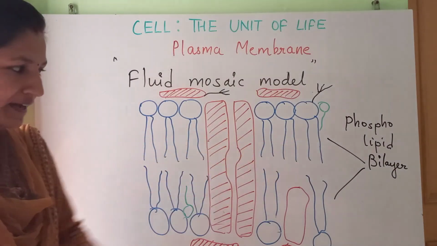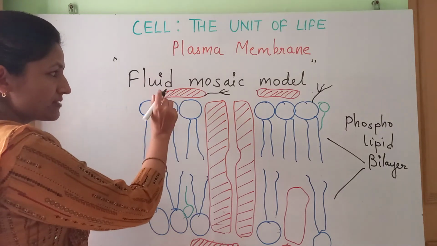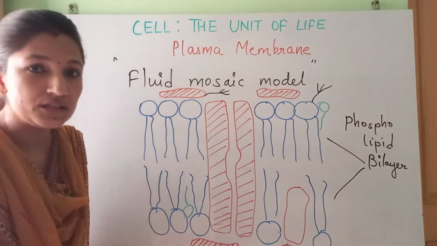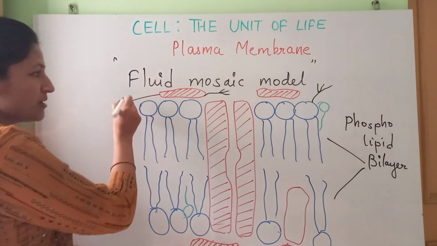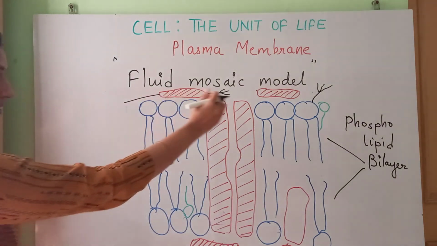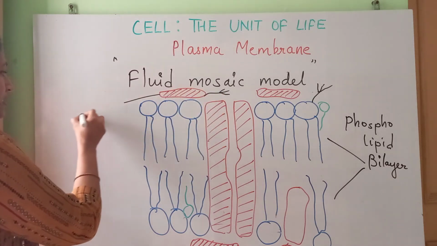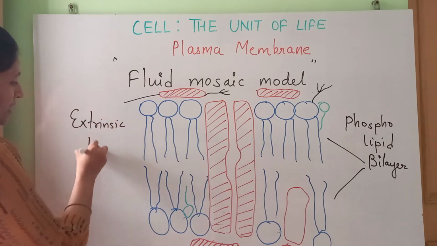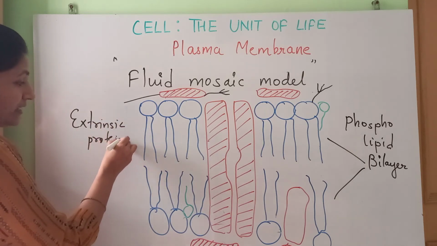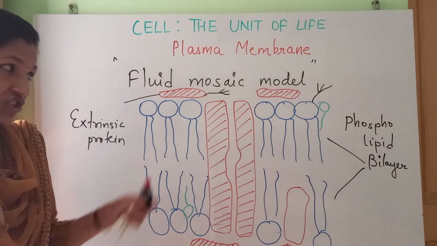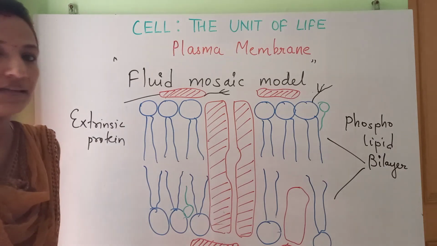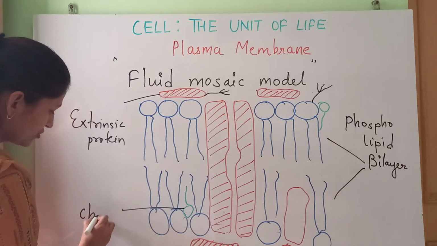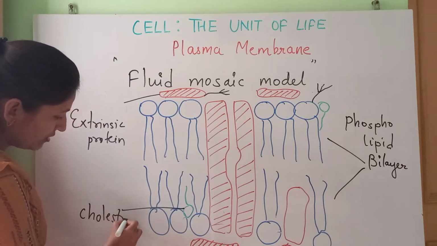So phospholipid bilayer. And these red, जितने भी यहाँ पे red color के structures बने हुए हैं, all are the proteins. So the proteins which are present on the membrane externally are extrinsic proteins. And as they are present externally, their separation, their extraction can be easily done. Okay, this molecule is of cholesterol.